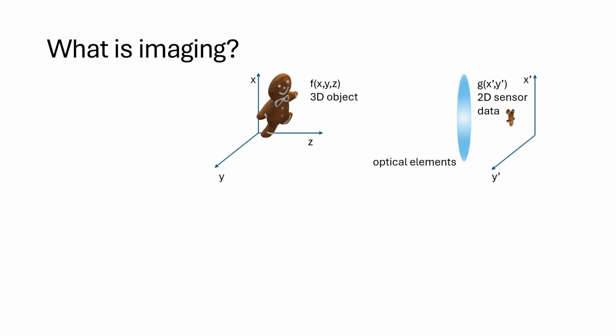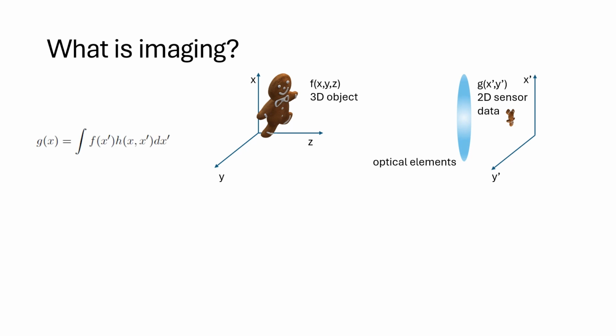Okay, so let's reach way back to episode 1 where we talked about the issue of what is imaging. We have an object that gets mapped onto measurements. The object is described by a distribution over the object space, and the measurements are described by a distribution over the measurement space. Often the measurement space is lower dimension than the object space.